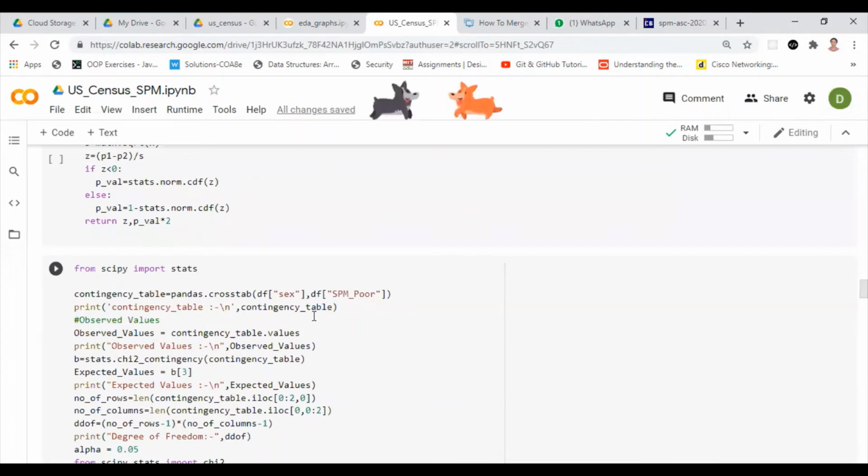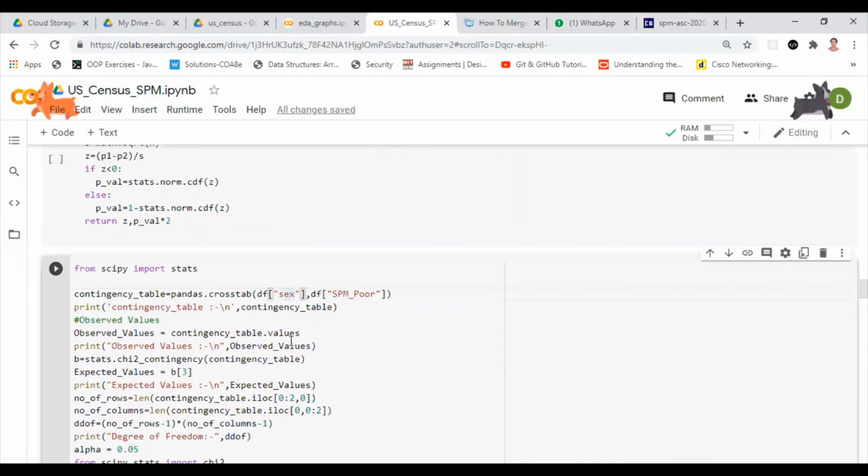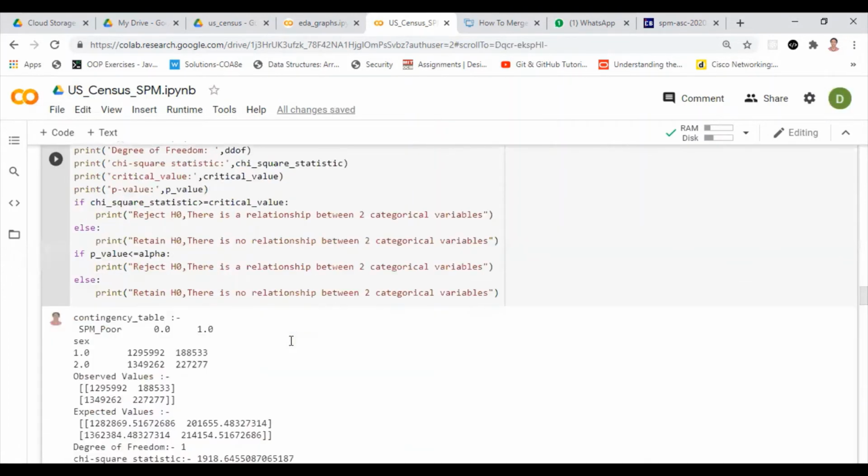Now coming to the hypothesis testing between the various attributes. Here, on performing the chi-square test between gender and poverty, the null hypothesis says that there is no relationship between gender and poverty, whereas the alternate hypothesis says that there is a relationship between the two variables, gender and poverty.